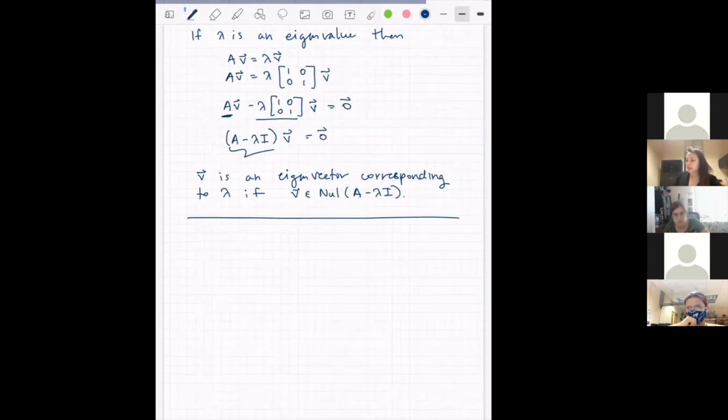Okay. And so the nice thing about formulating it this way is that we already know that the null space is a subspace, right? And so we get something called the eigenspace, which will also be a subspace.